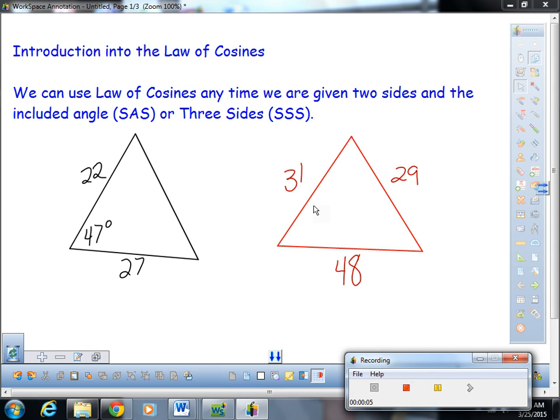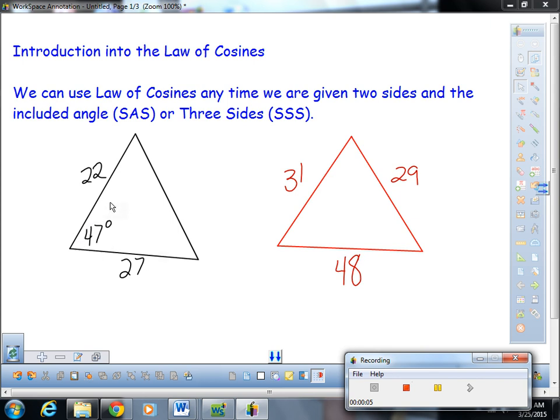We're talking about law of cosines today. We've been doing law of sines for weeks, okay? So, the first thing I want you to learn is when can I use the law of cosines? If you think back to your days in geometry, maybe you remember these things called SAS theorems and SSS theorems. They describe situations where you know two sides and the angle included between them.